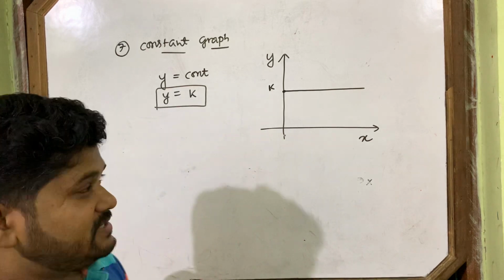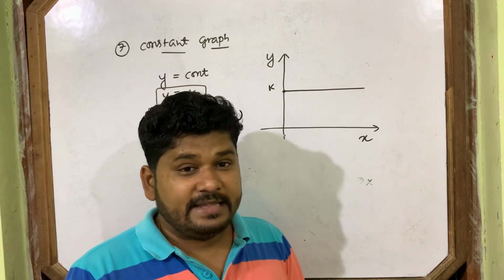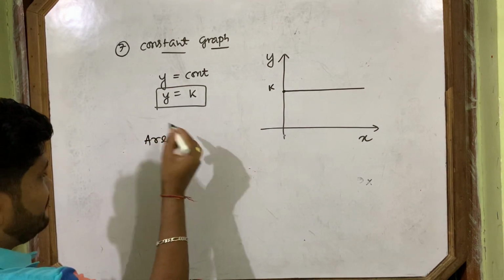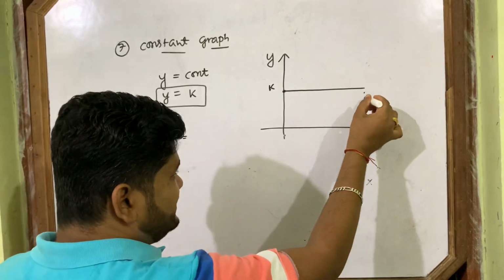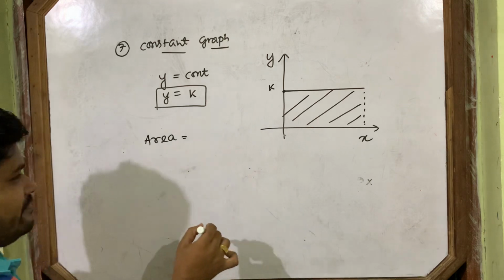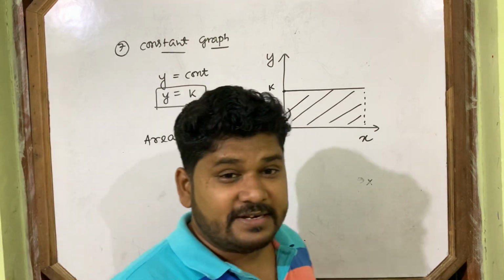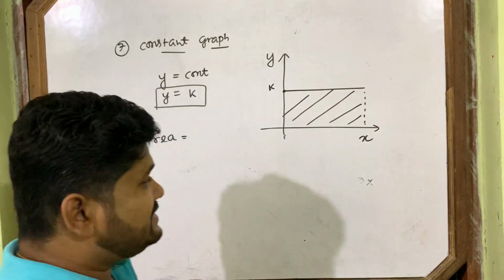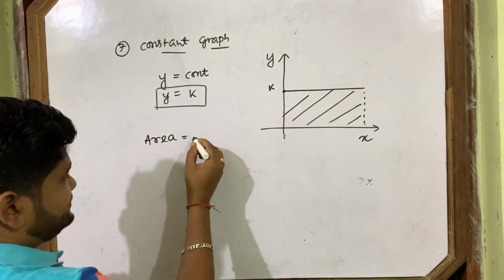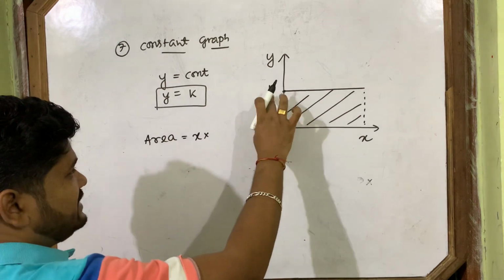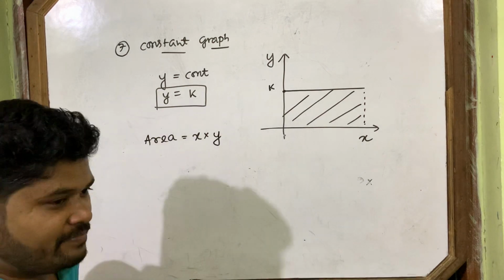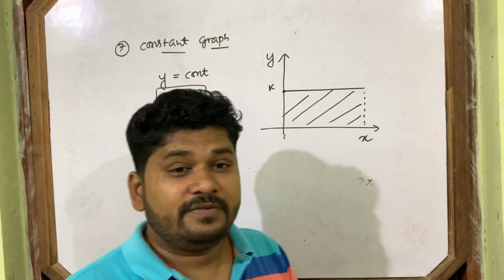But one important thing here: what is the area under the graph? This is the area under the graph. If I tell you to find the area under the graph, it is length into breadth. So length is x and breadth is k, and k is nothing but one value of y.